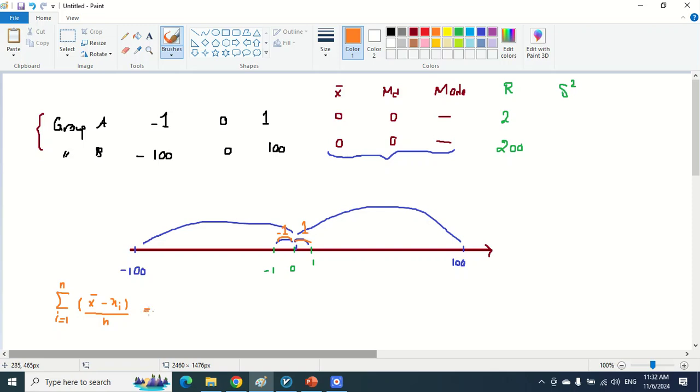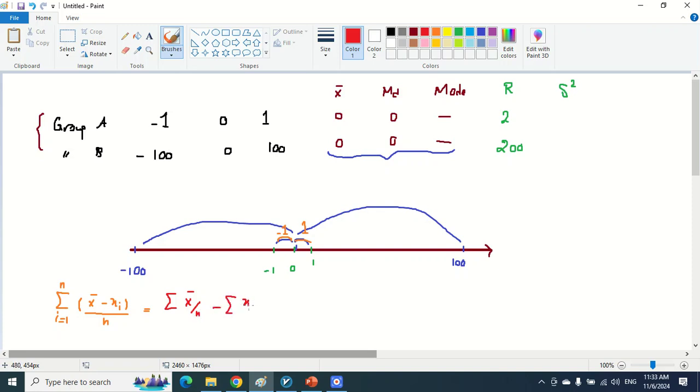If we calculate this value, as you can see, the separation is 1 unit at the right and minus 1 unit at the left, and the addition is 0. Does it equal 0 always? This is the question, and I want to answer that one. I can rewrite that summation as the summation of x bar over n minus the summation of xi over n.